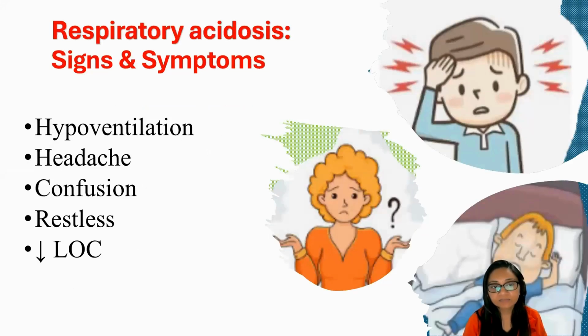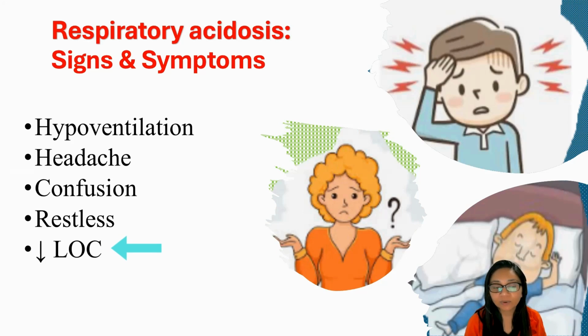Now, what signs and symptoms will you see in the patient? The patient will be hypoventilating, right? Hypoventilation is also one of the causes of respiratory acidosis. Shallow breathing, and the respiratory rate will be less than 12 for adults. Other symptoms you will see are headache, confusion, restlessness, and decreased LOC, which is level of consciousness.